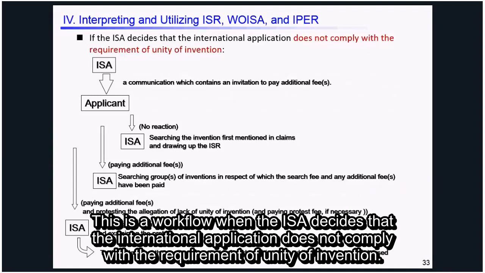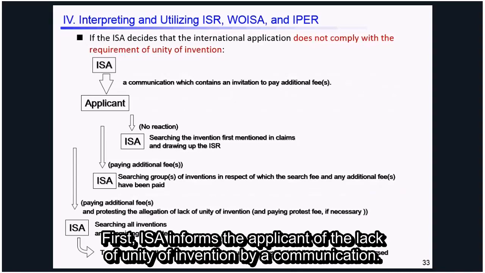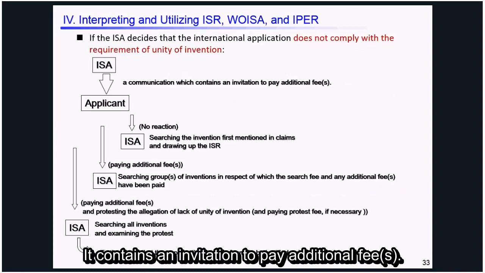This is a workflow when the ISA decides that the international application does not comply with the requirement of unity of invention. First, ISA informs the applicant of the lack of unity of invention by a communication. It contains an invitation to pay additional fees.